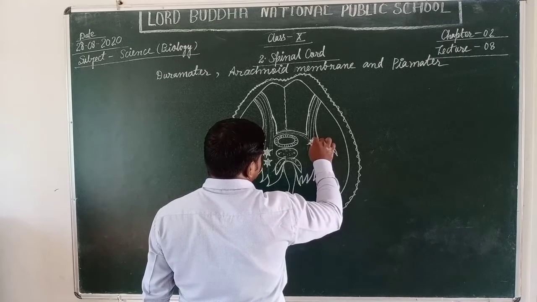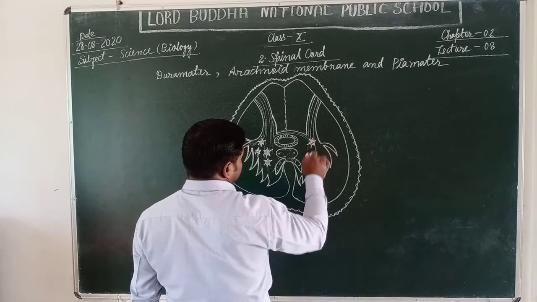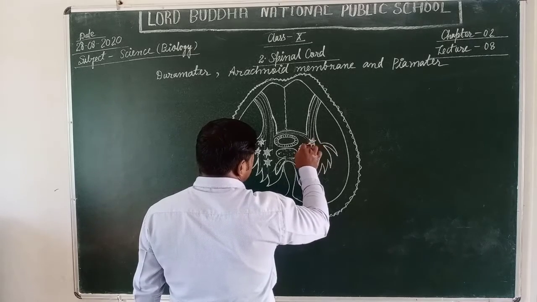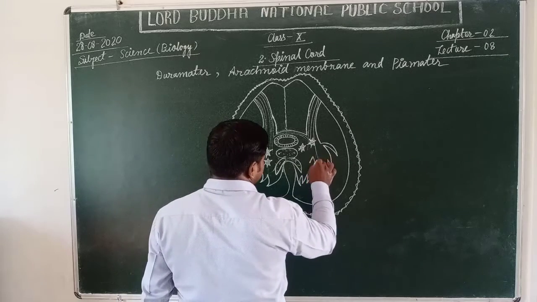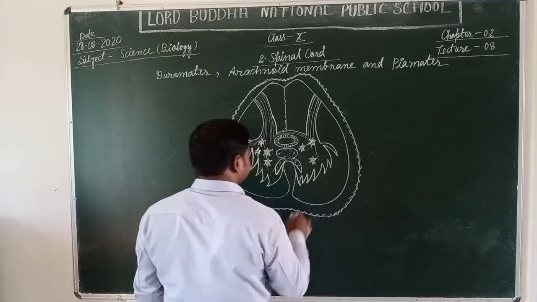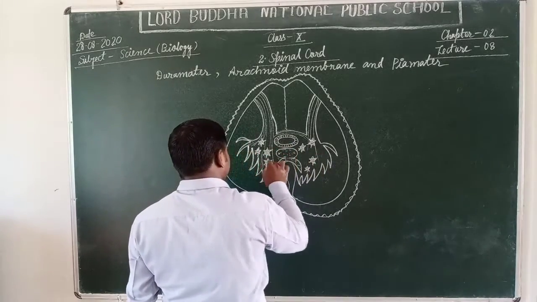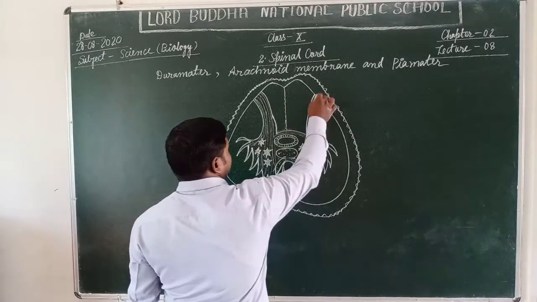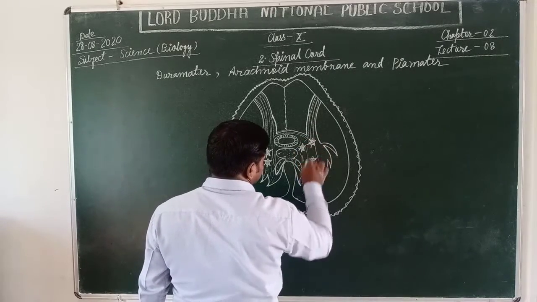The grey matter is present in the central part, whereas the peripheral part is covered by the white matter. The white matter contains axons and dendrites, whereas the grey matter contains the nerve cells or neurons. These are the processes that help in bringing the impulses from one region to another.